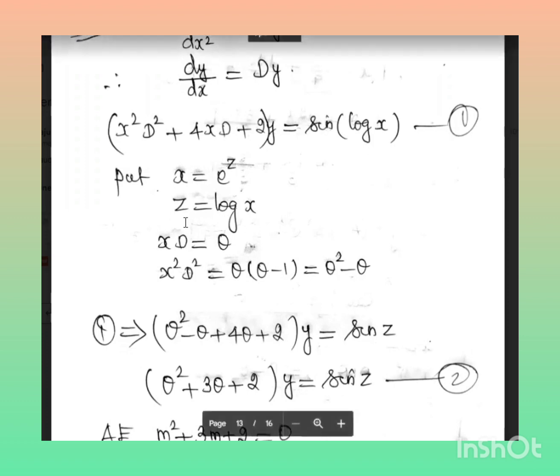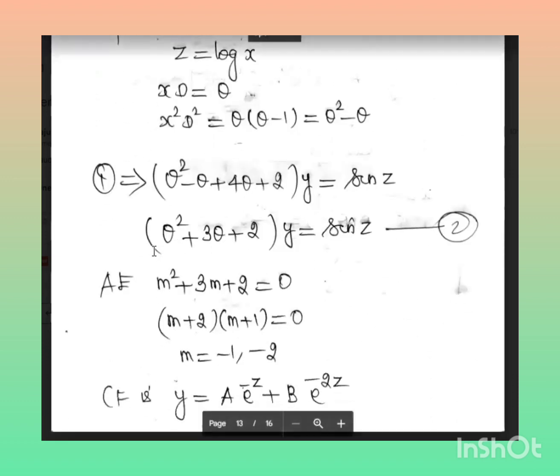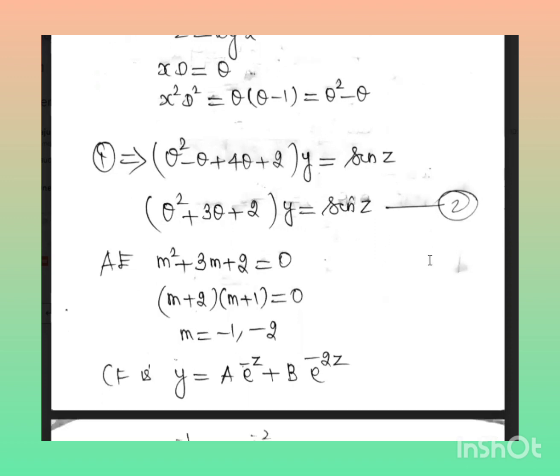Log x is equal to z, so sine z. This can be reduced to theta square minus theta plus 4 theta, that is plus 3 theta, plus 2 into y is equal to sine z. Take this as equation number 2.